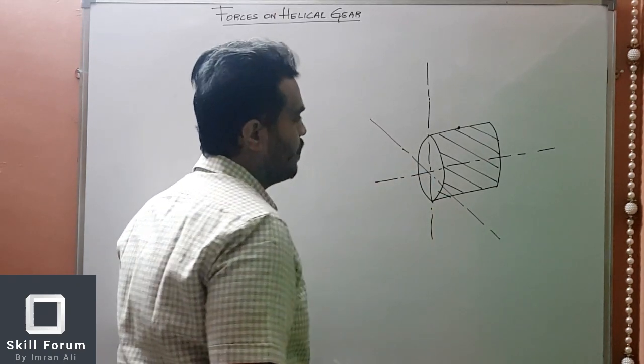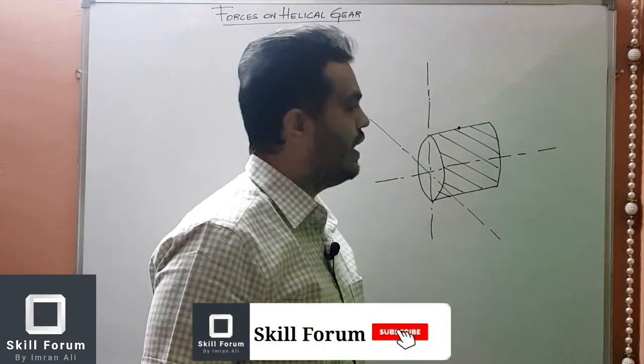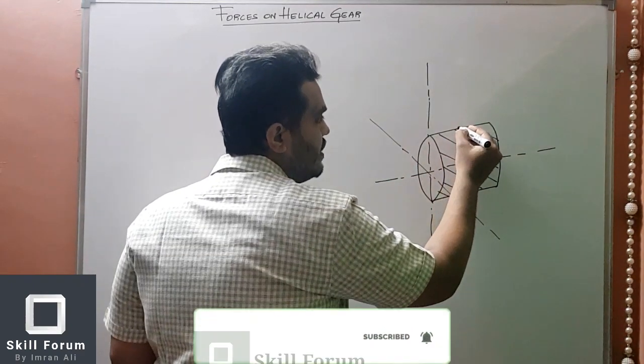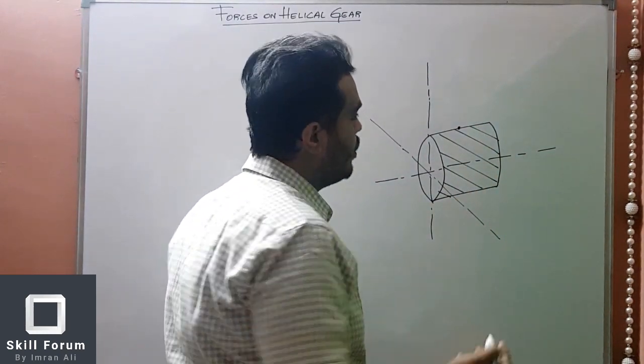So these are the three axes. This is the 3D representation of a helical gear. Consider this a point of contact, where the three forces are going to occur.